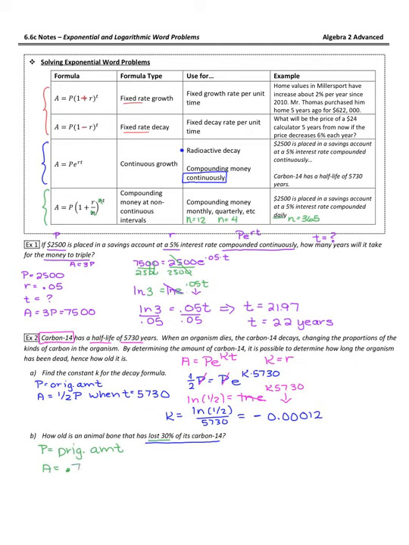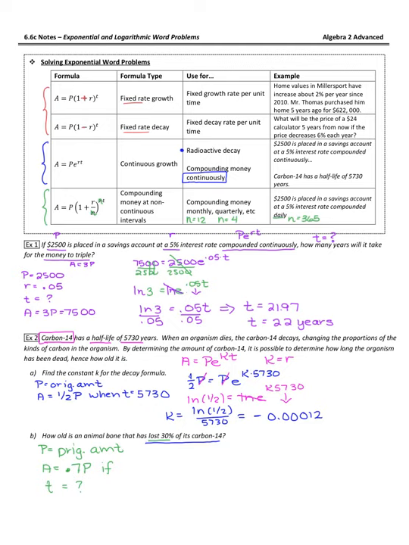So A is going to be 0.7 of your original amount, 70% of the original amount, but only if, again, we're trying to solve for T. So this is when T is a particular number, which is what we're trying to solve for.